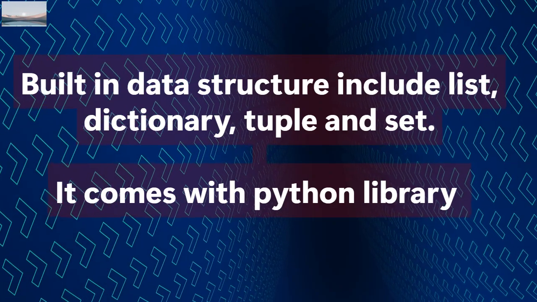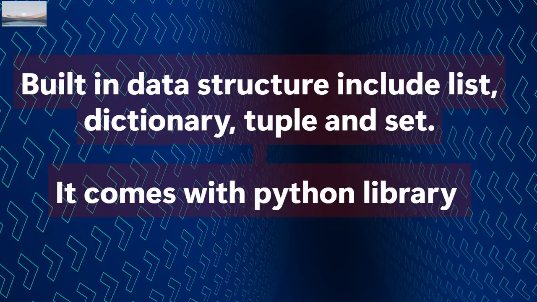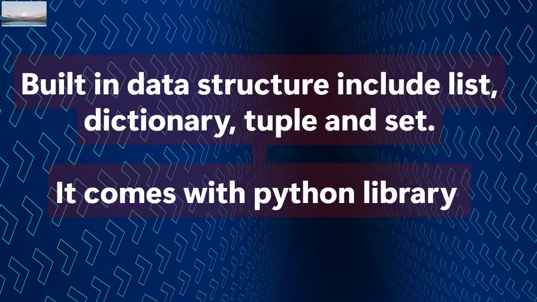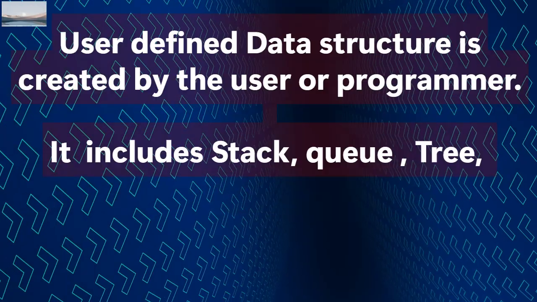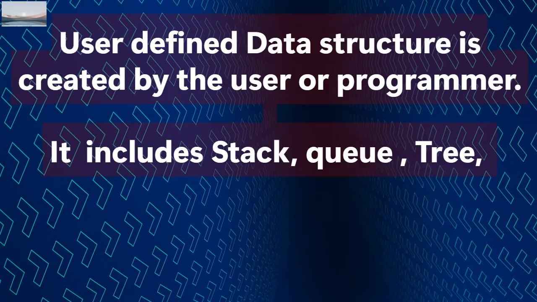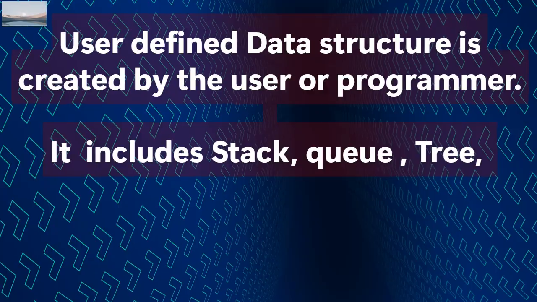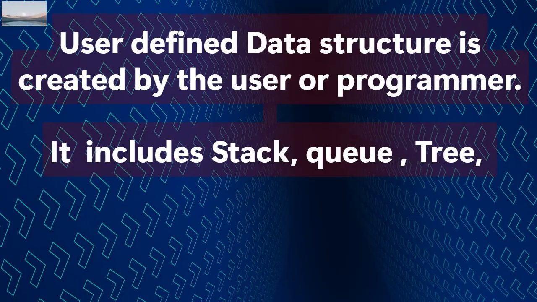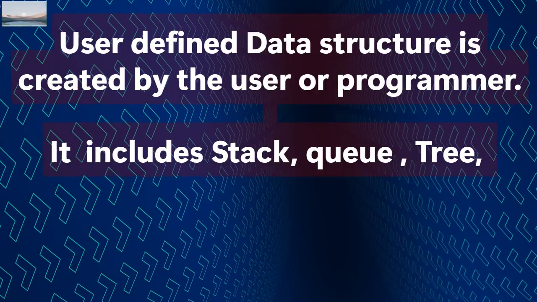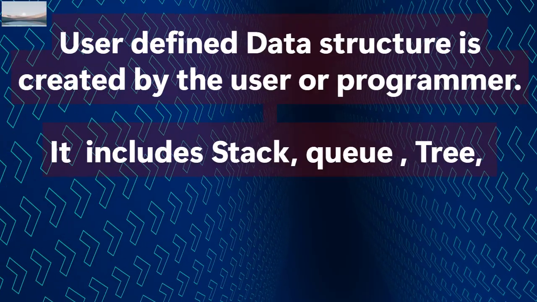So you just call the library and make use of them. But the user-defined data structure, you'll be the one to create the structure yourself, depending on the need, depending on the situation, and the condition that requires them.